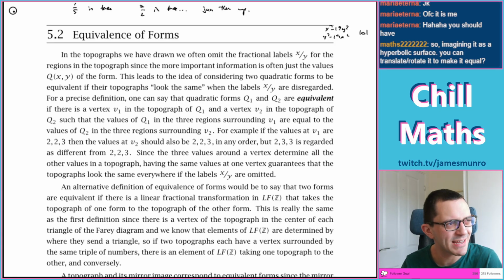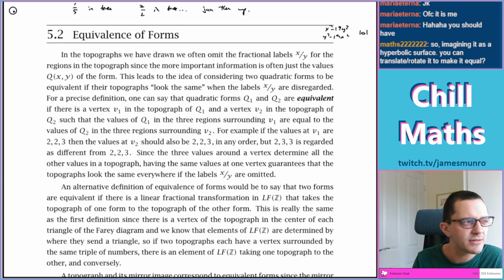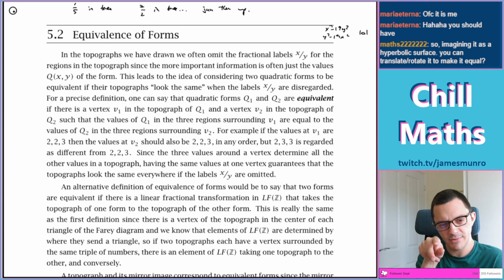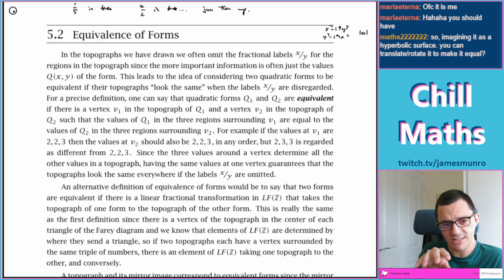I would like to keep saying "takes the same values", and if pushed, what I really mean is it has an LFT like this, so you can transform it so that you get the same values at a particular vertex and then the same values from there. We've got a method to extend outwards what values we get because of the arithmetic progression rule. Yeah, I think that's right.